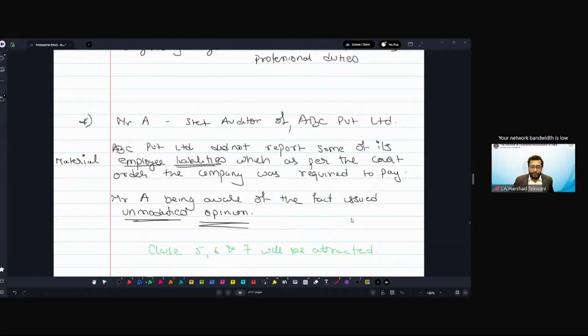Hypothetically, say only clause 5 was applicable, and in the answer you provided 5 plus 6. It is not like your marks will get deducted for providing 6. Additionally, if we have confusion, we can quote both. Yes.